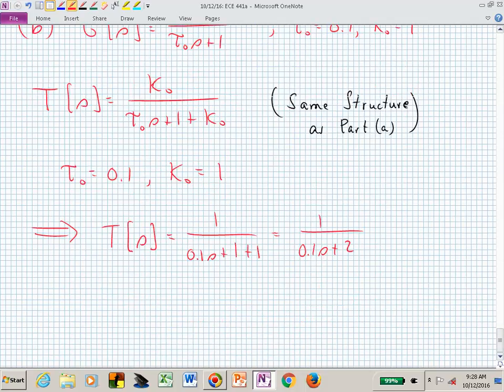If we're interested in settling time, what are we going to need to find? Our pole.